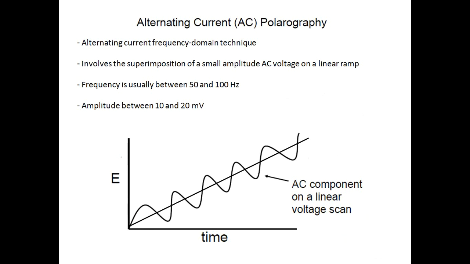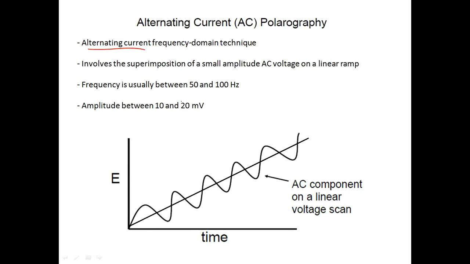Now in alternating current polarography, an alternating current frequency domain technique is used, which involves the superimposition of an alternating current voltage on a linear ramp. That is, you have this potential versus time linear ramp, where the potential is increased linearly; this is a direct current potential. Onto this, an alternating current potential is superimposed.